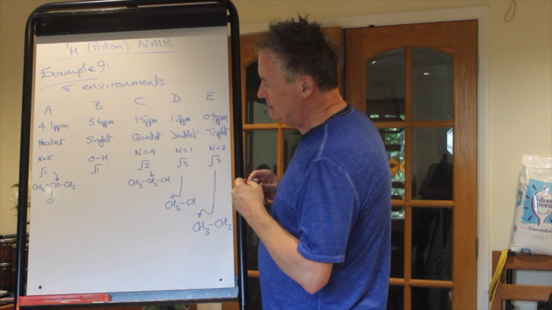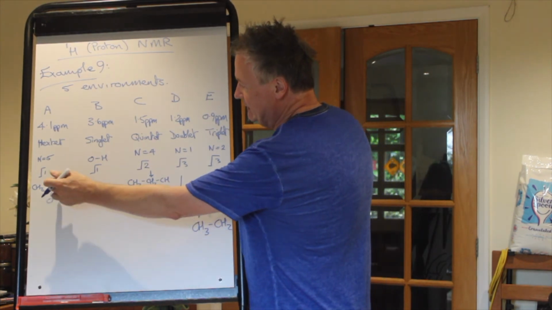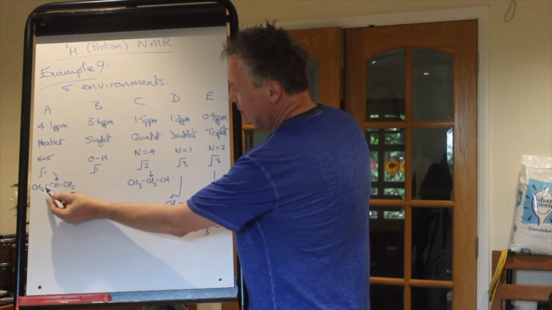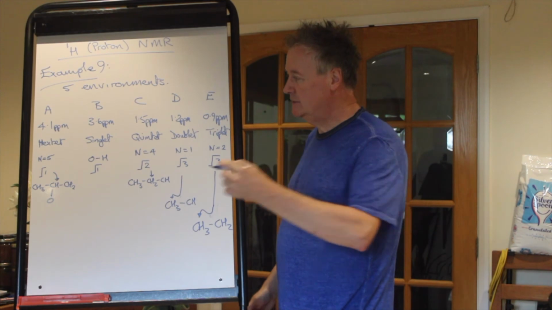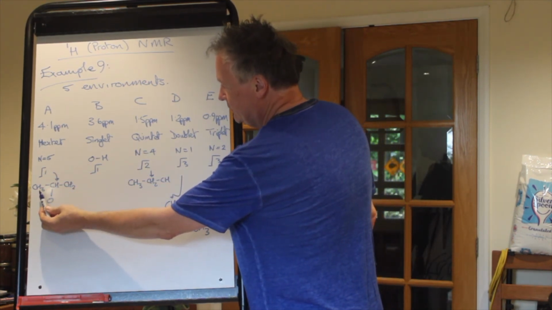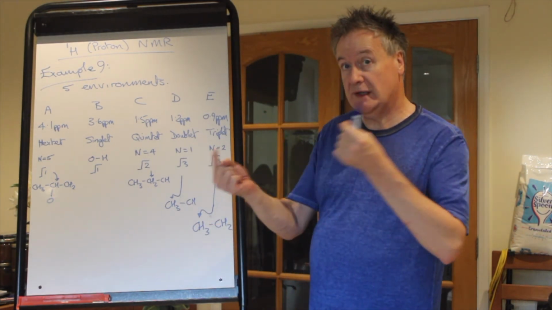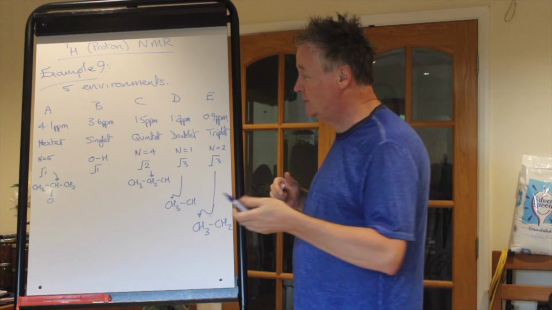Now what that means is that what you are seeing is this hydrogen, 1 hydrogen's worth, which is why the integration is 1. 5 hydrogens means it has to be mid-molecule to get hydrogens on either side to sum up to 5.